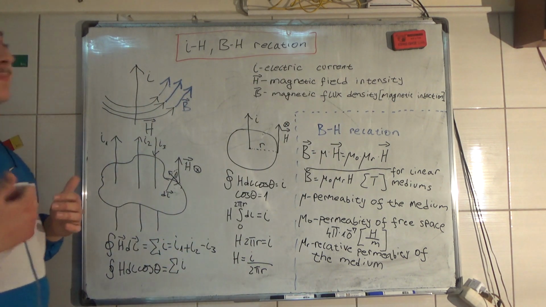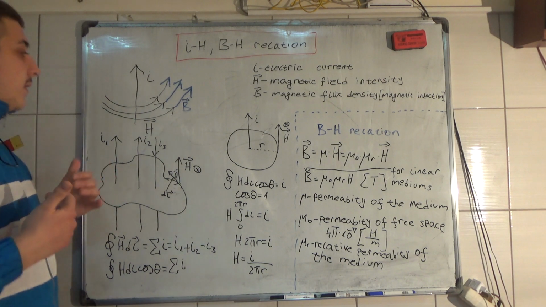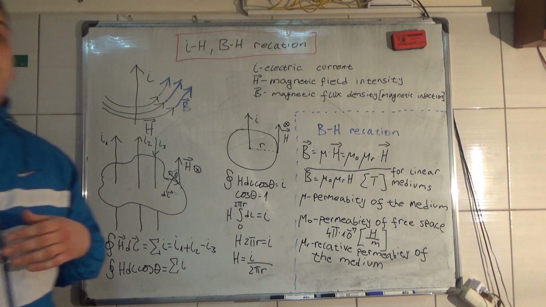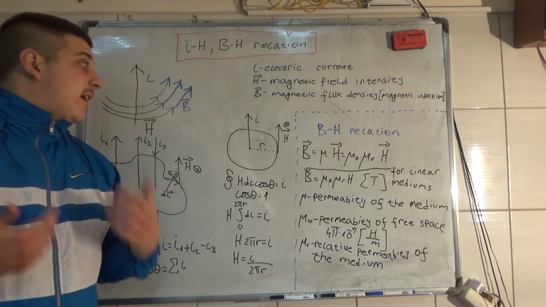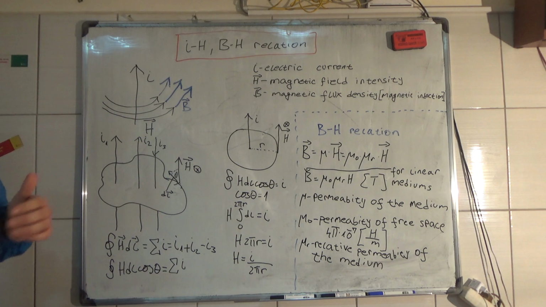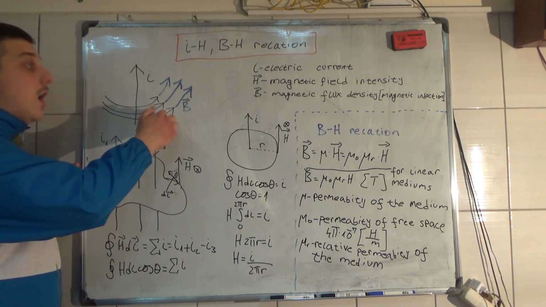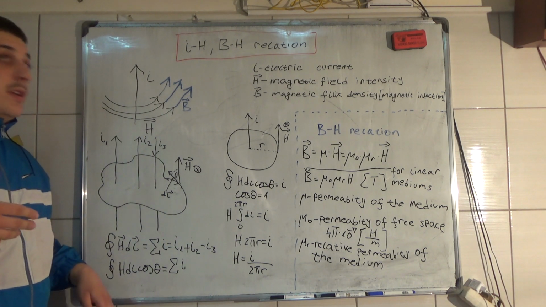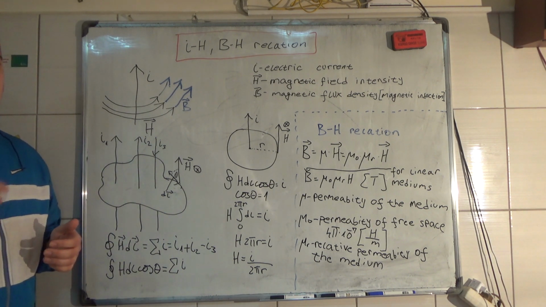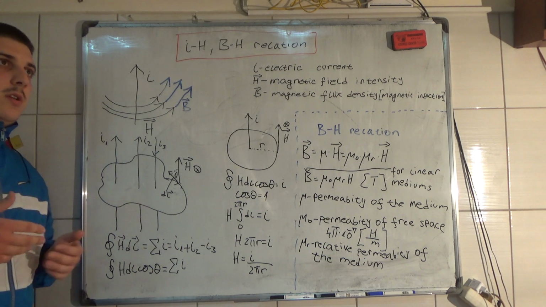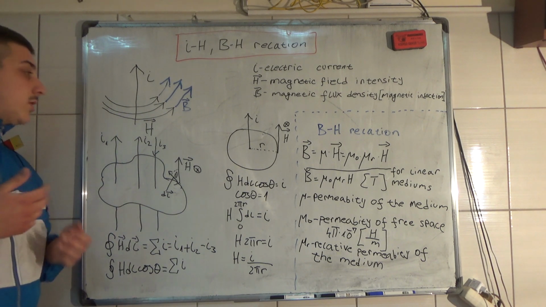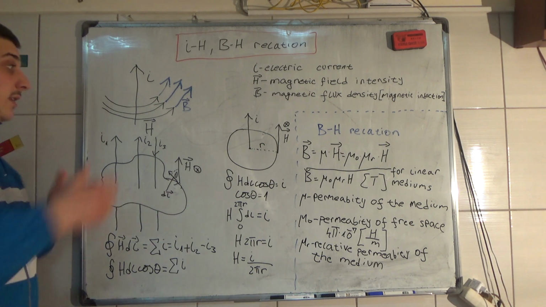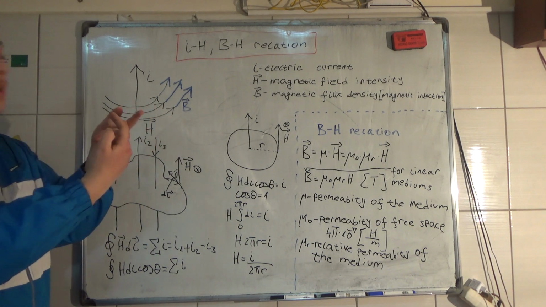These two physical quantities are vectors, and they are in the same direction in linear mediums. If you learned fundamentals of electrical engineering, there you learned that in some cases these two quantities are not in the same direction.